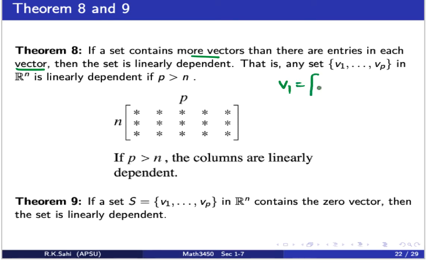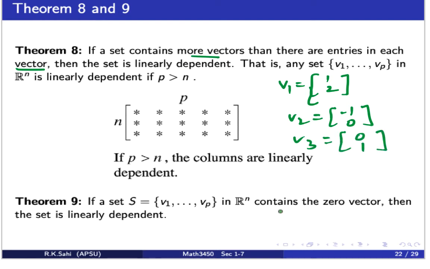I have v1 = (1, 2), v2 = (-1, 0), and v3 = (6, 1). Now, if I put all of them together in a set, how many vectors do I have? 3 vectors. But the entries in each vector is 2. So clearly, the set of vectors v1, v2, v3 is linearly dependent.